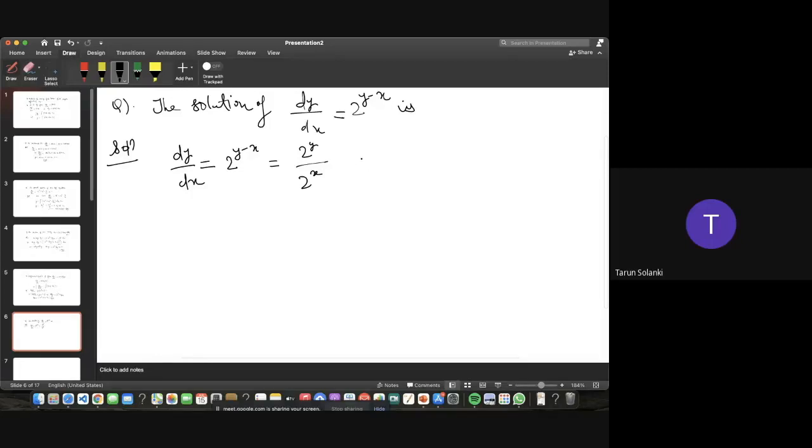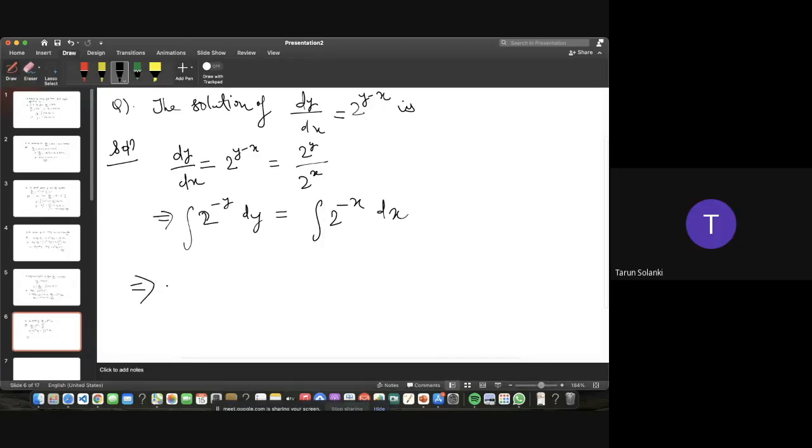It is basically variable separable form, because we are collecting y terms on one side and x terms on the other side. So it becomes, integrating, 2 to the power minus y into dy is equal to 2 to the power minus x into dx.